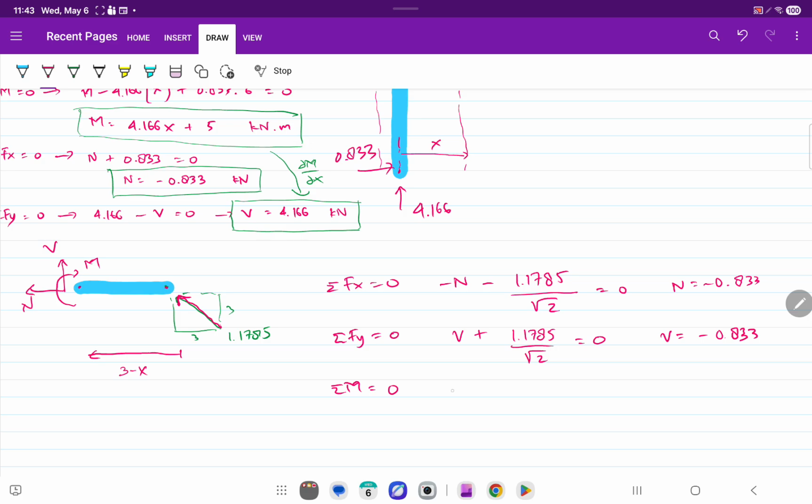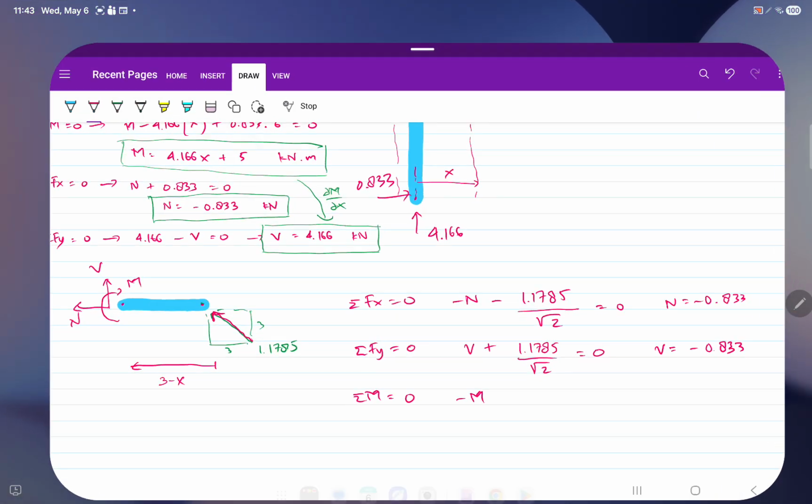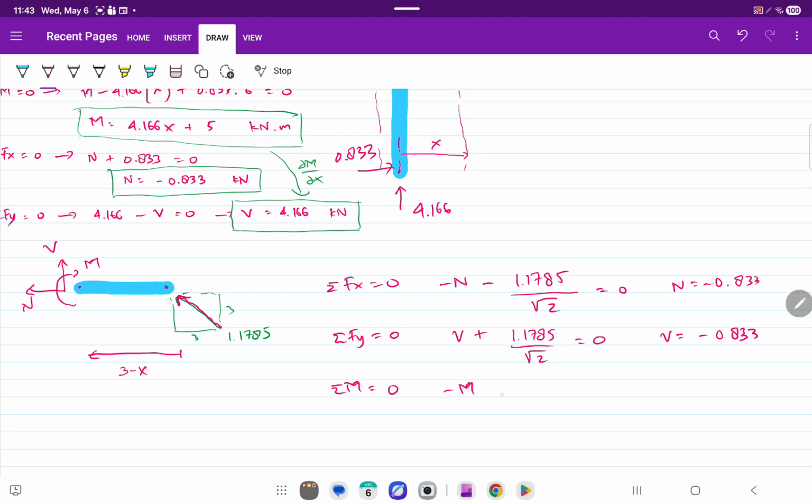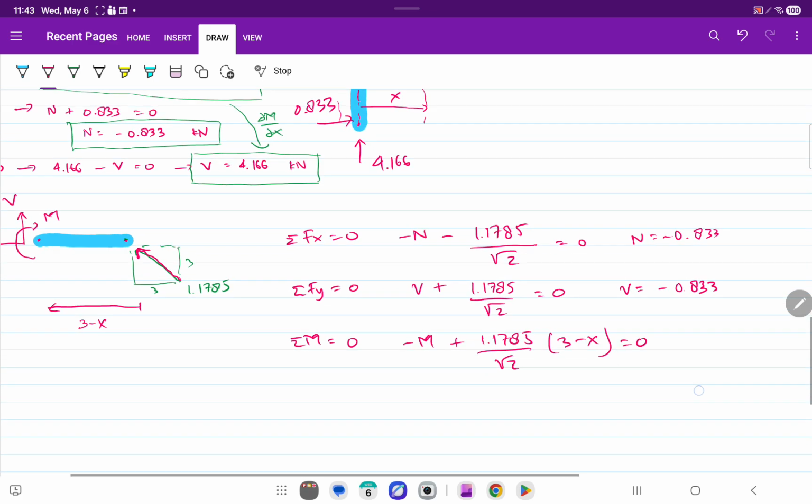And then if you take your moment equals 0, this M is minus M because it's clockwise. The horizontal component of this guy creates no moment, but the vertical one does create moment. So it's counterclockwise, so it's plus 1.1785 square root of 2, and then you multiply by 3 minus x equals 0.